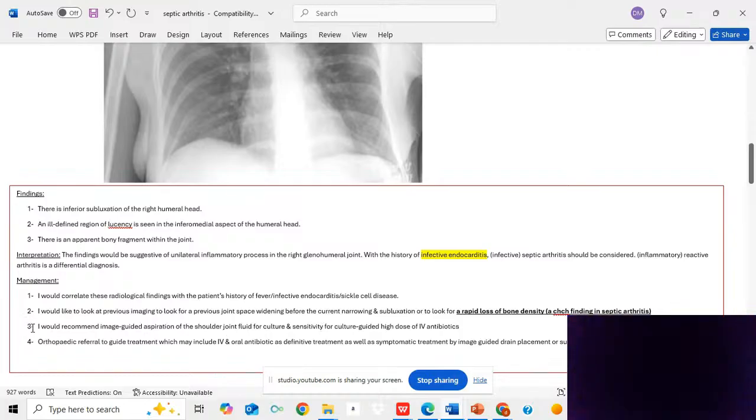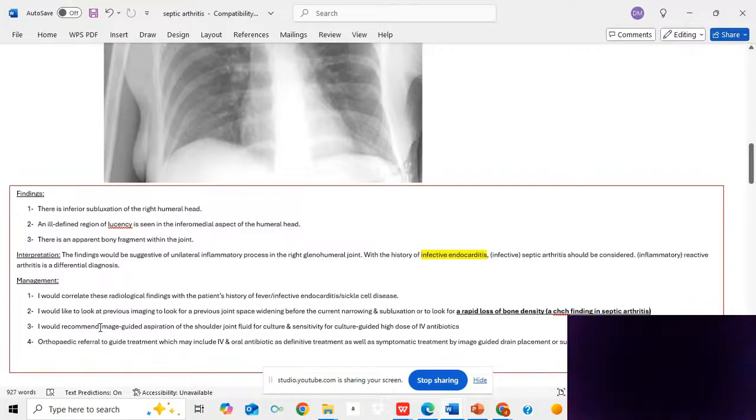Third one, I would recommend image guided aspiration. Okay, so now we are trying to diagnose. I would recommend image guided aspiration of the shoulder joint fluid. This is the mainstay of management. This is the golden standard of diagnosis.